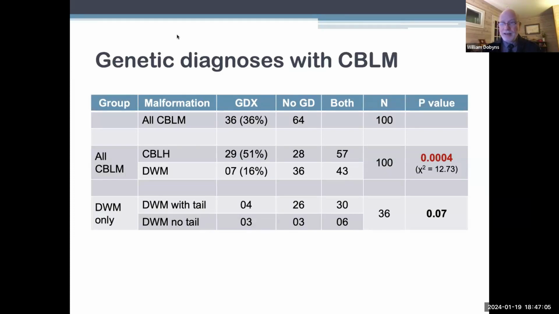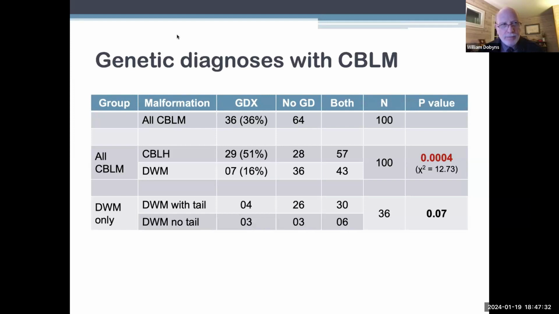And then comparing that to classic Dandy-Walker malformation. What I want you to see here is that the diagnostic rate, that's GDX, is very different. With all these other common cerebellar malformations, we made a diagnosis in 29 out of 57 probands. That's 51%.